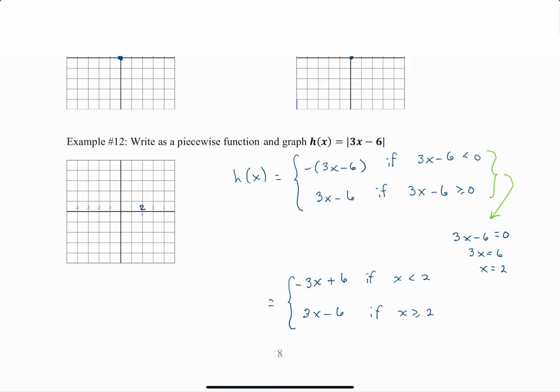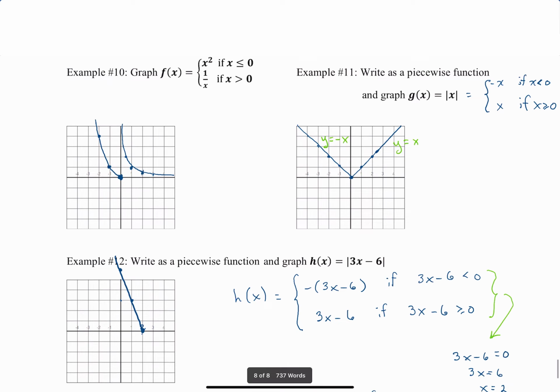1, 2, 3, 4, 5. Whoops, I needed a little more height there, but we'll just put a dot up there at about 6. And slope negative 3. So it's going to go down 3 for every 1 it goes over. Down 3 for every 1 it goes over.